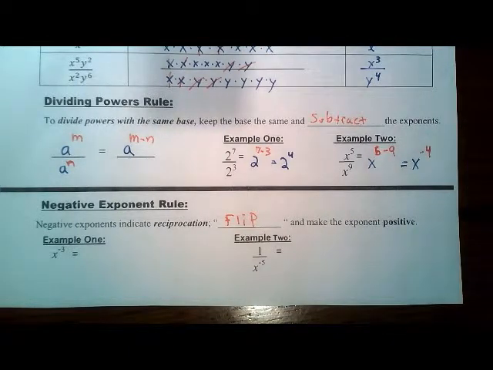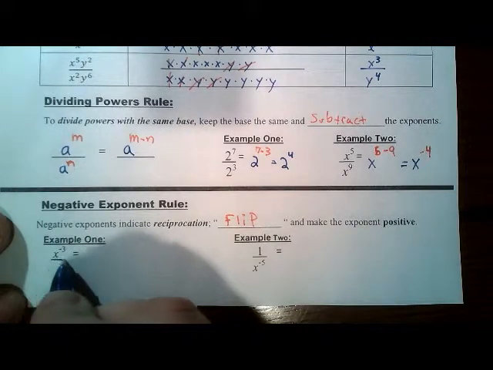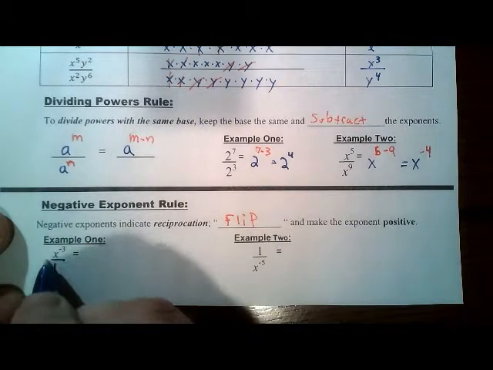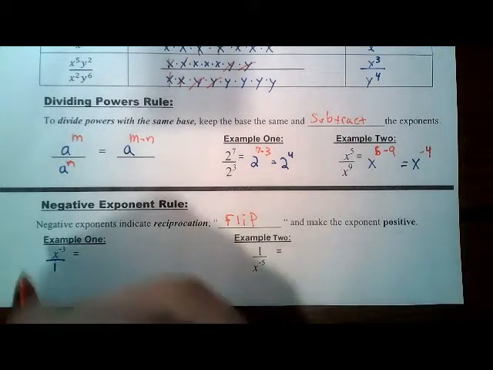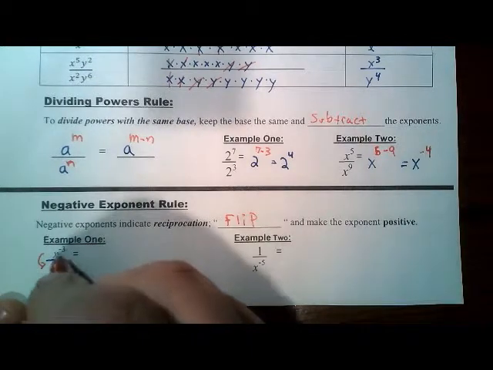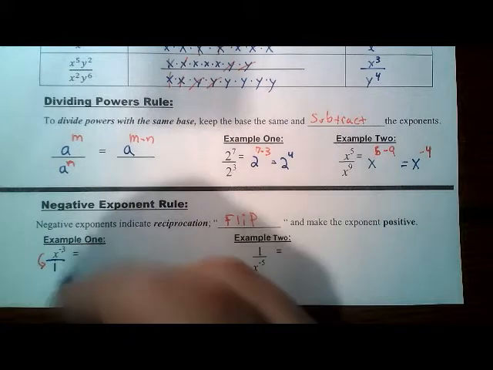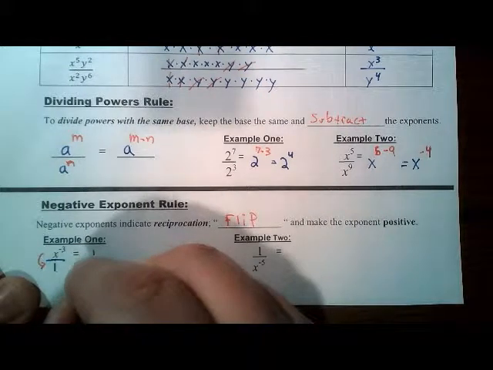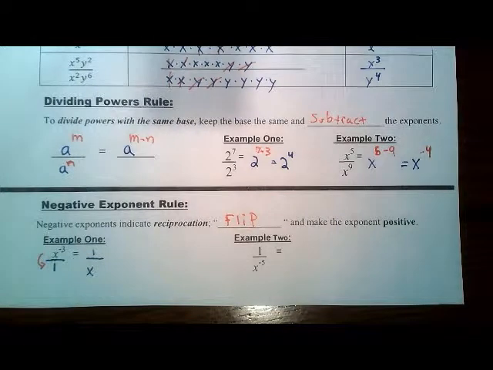What that means is that if you have, for example, x to the negative 3, you're going to put a little fraction bar because it's over 1, and you are flipping those. You're bringing the power down, and you're making that a positive 3. So it becomes 1 over x to the positive 3.